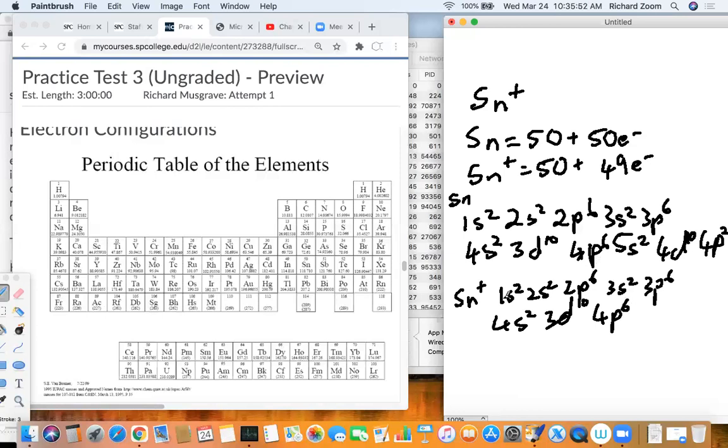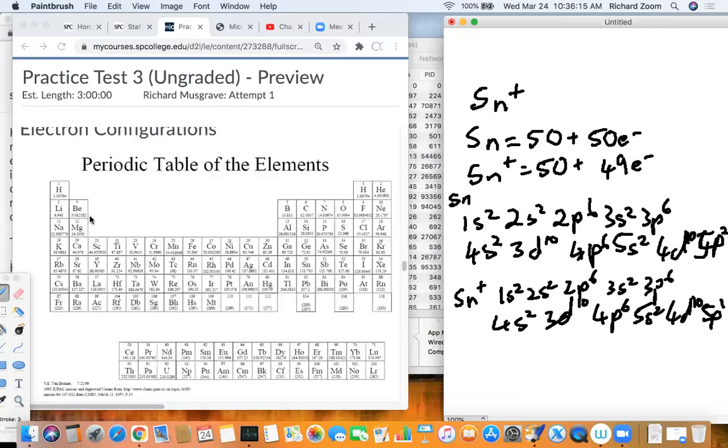Sorry, that's 5, isn't it? It's 5p2. Sorry about that. So this would be 4p6, 5s2, 4d10, and then this would be 5p1. So it'd be one less electron.